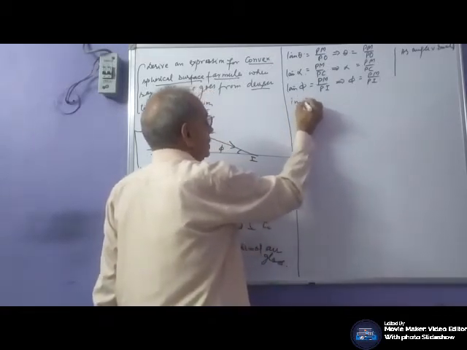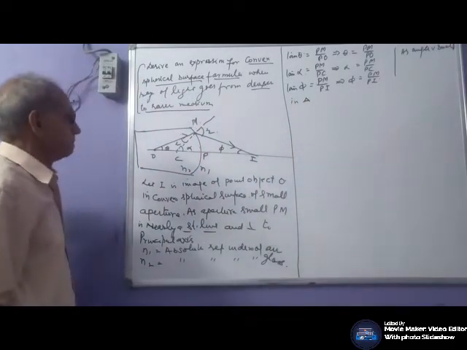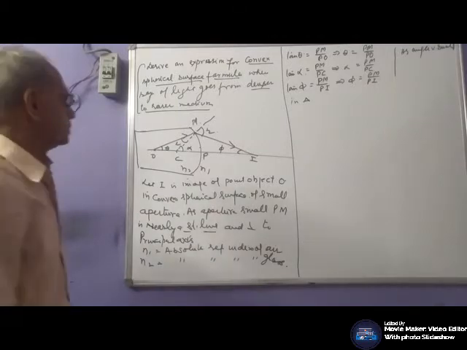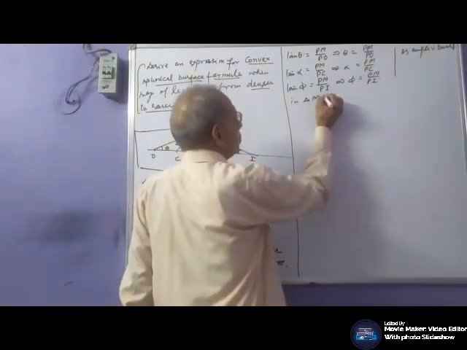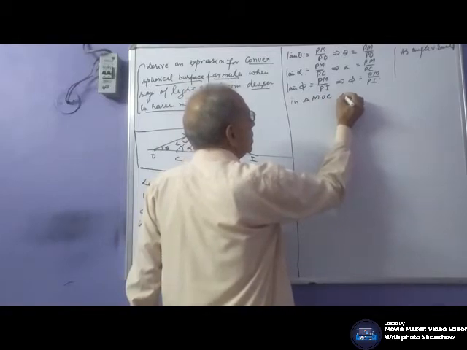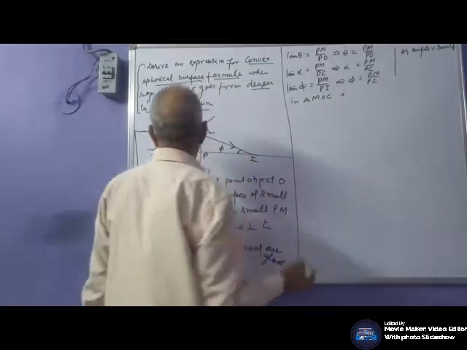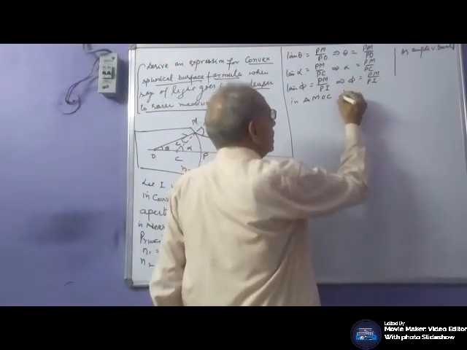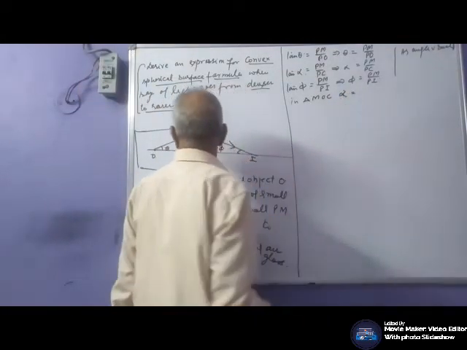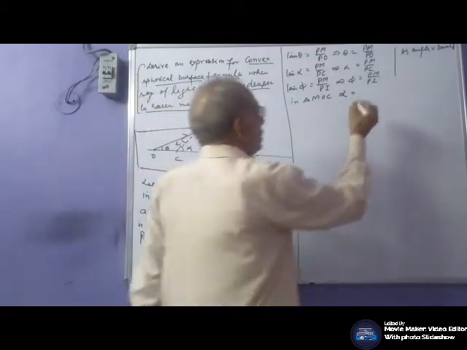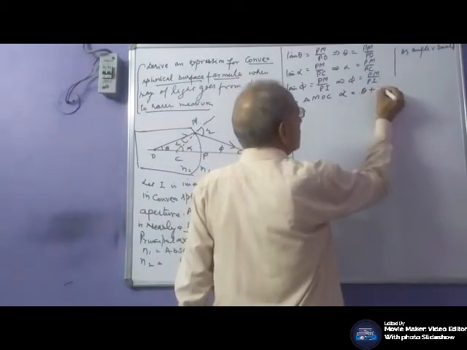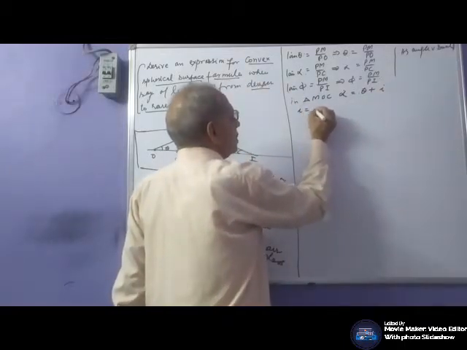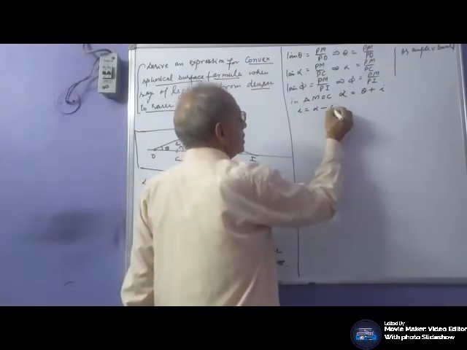In triangle MOC, alpha is the external angle, so alpha equals theta plus I, or I equals alpha minus theta.